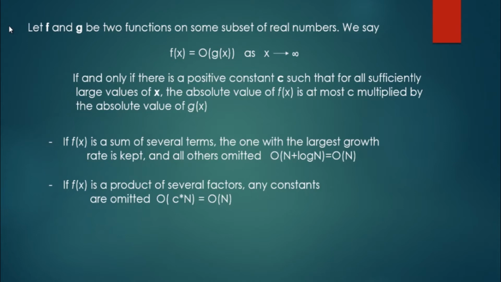And the second rule proves to be very important, for example, in radix sort: we iterate through a list once, twice, or 10 times, then these constants, the 1, 2, and the 10 factor, can be omitted, and it's reduced to linear time complexity as far as radix sort is concerned.